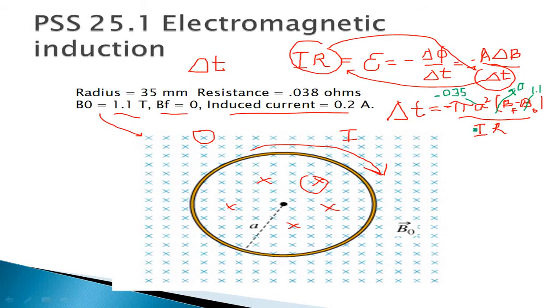Current is 0.2 of an amp, and the resistance is 0.038. Very good. And when we put that all in, we've calculated the time it takes for this field to drop from 1.1 to 0, given that we have an induced current of 0.2 amps. I think that's it.